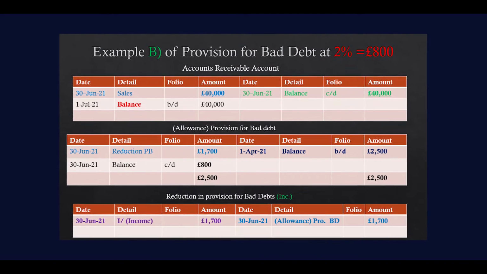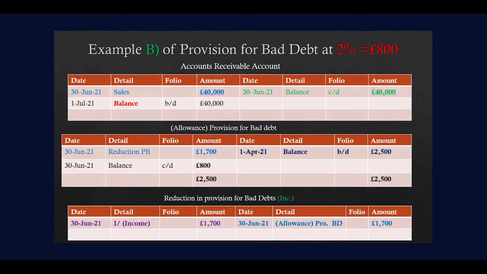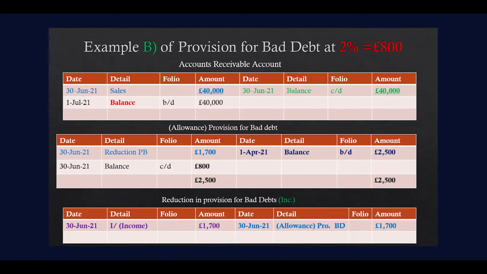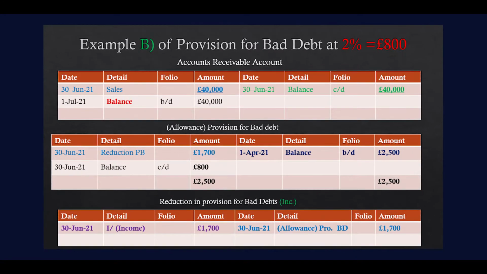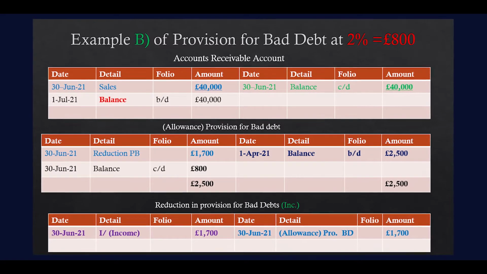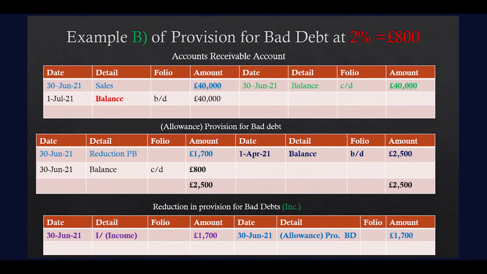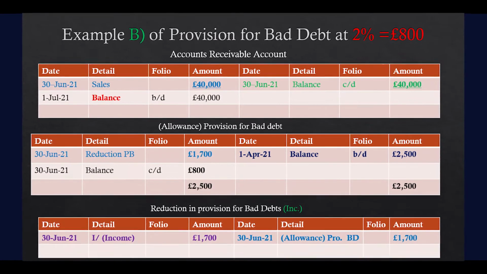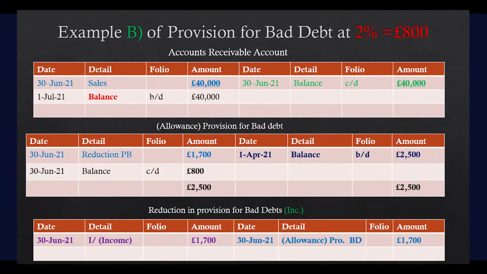And so 2,500 at this point is inaccurate, because we now realize that the total provision we need to make is 800. And so we need to adjust it. If we're reducing it, then the figures have to change accordingly. Here we're going to demonstrate the idea.